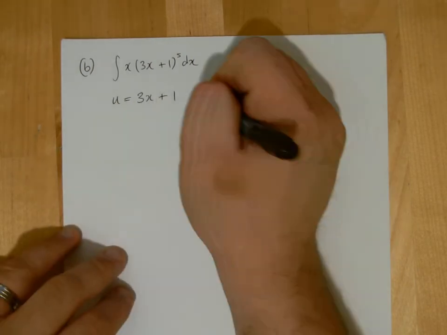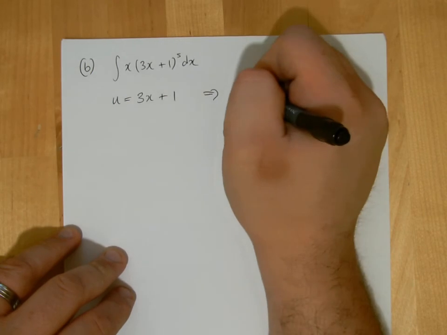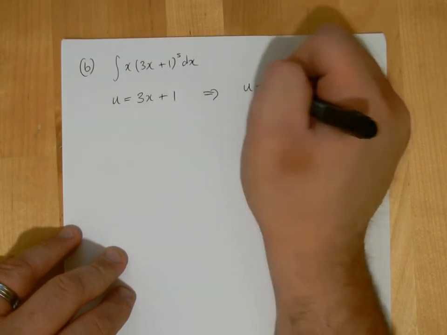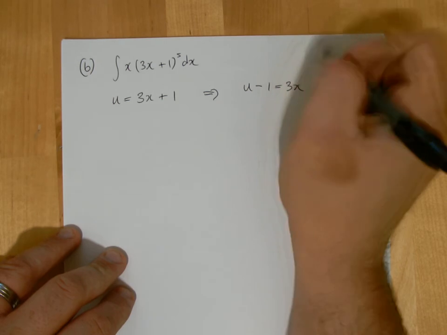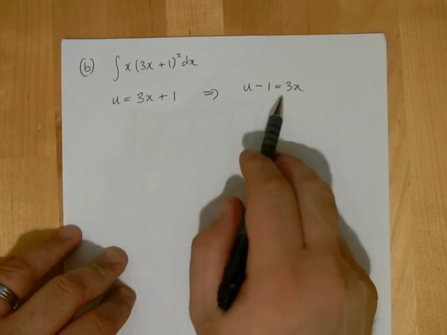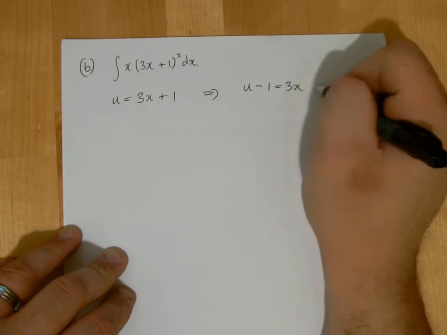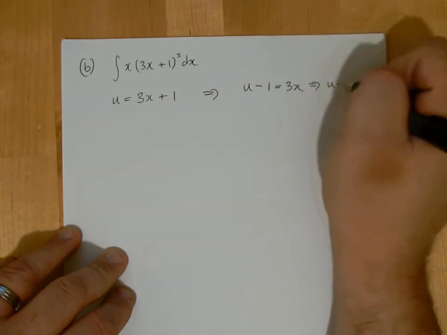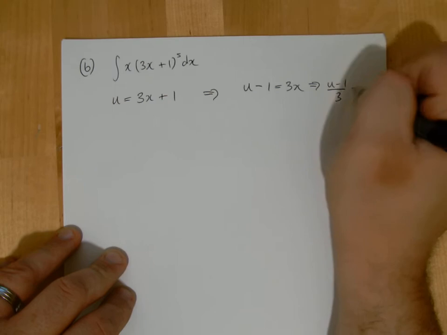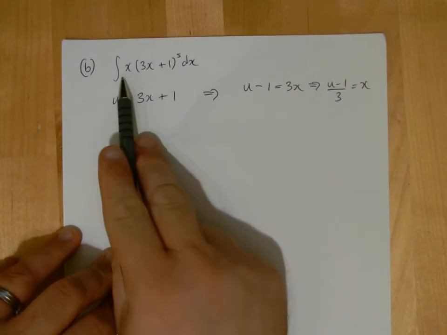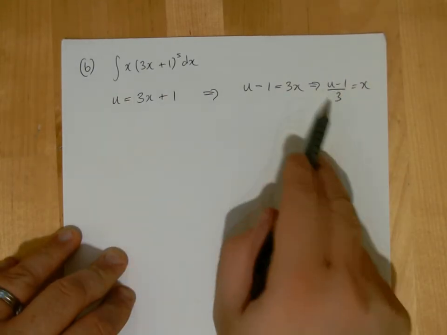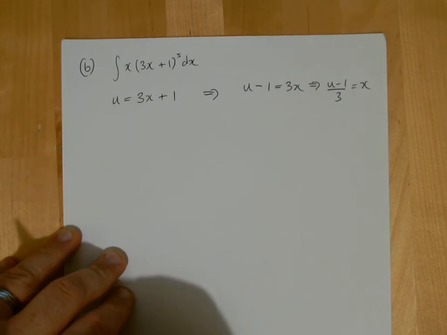All I've got to do is take that 1 over the other side to make it a -1. So I get u minus 1 equals 3x, and then to get x, I just take that 3 over and divide. So u minus 1 over 3 is equal to x.